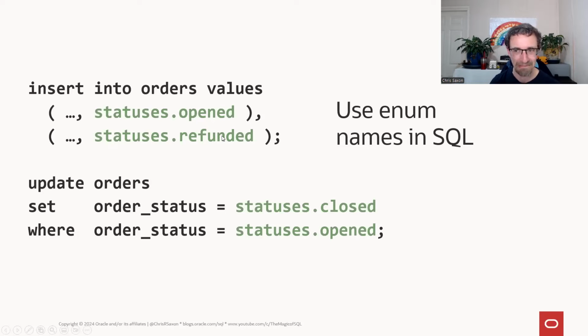I think it was 4, trying to remember now. So we can use those in regular SQL statements like constants. This gives us the named constant property that you might want for these values. We know it's the number one, but we want to refer to it by something more legible and meaningful, like open, closed, whatever it is we want to call it.